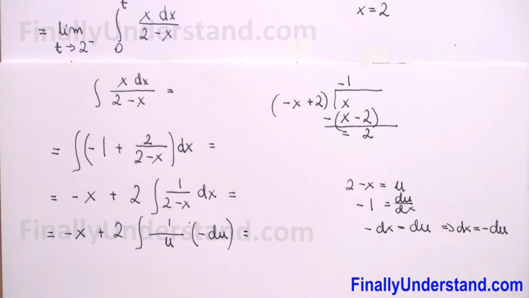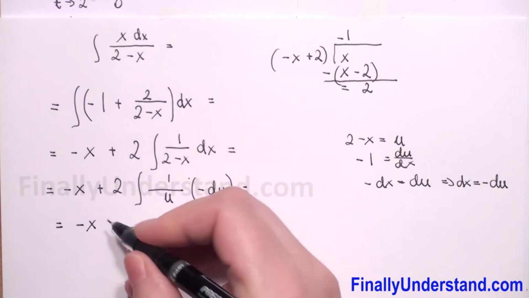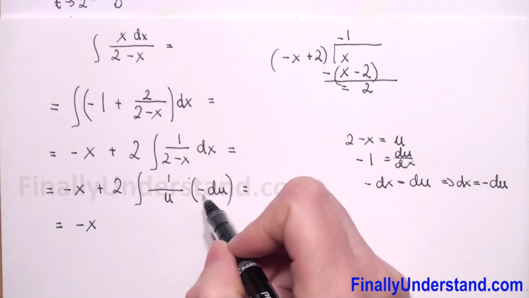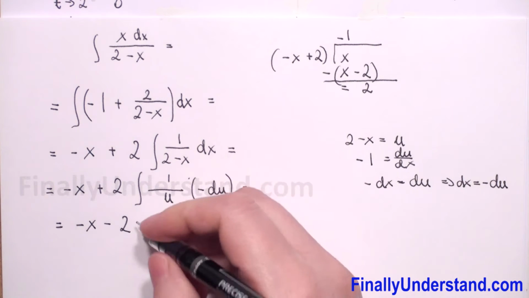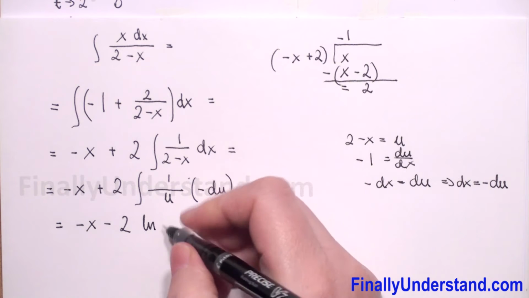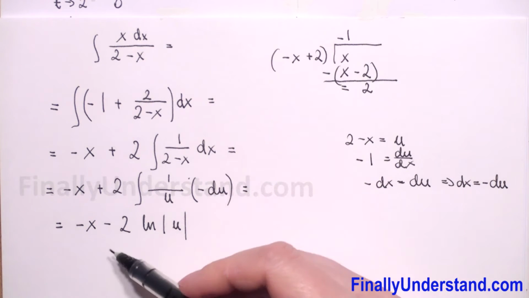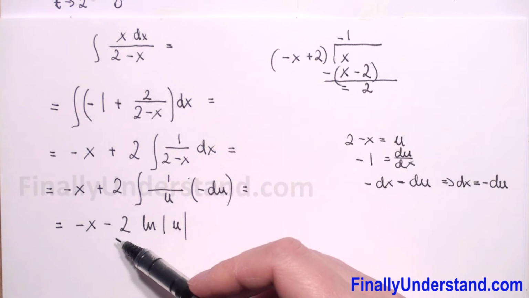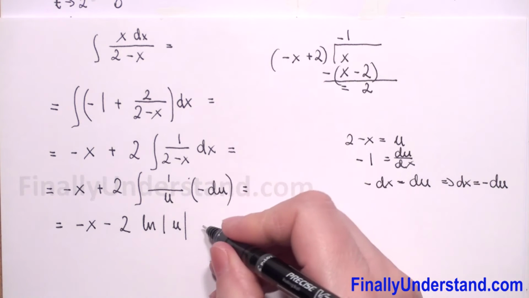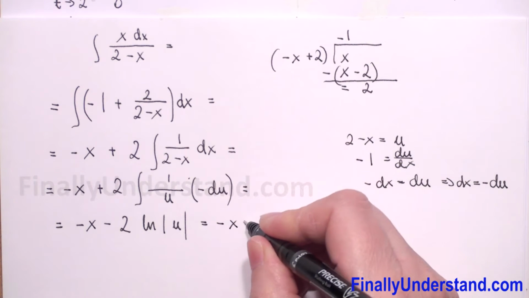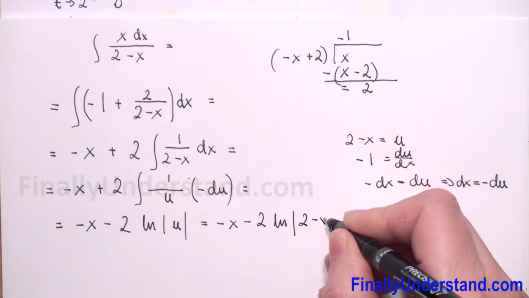So this is equal to negative x, and positive times negative gives negative, so it will be negative 2, and the integral of 1 over u is natural logarithm of the absolute value of u. Now we can come back to our substitution. u is equal to 2 minus x, so this is equal to negative x minus 2 natural logarithm of the absolute value of 2 minus x.